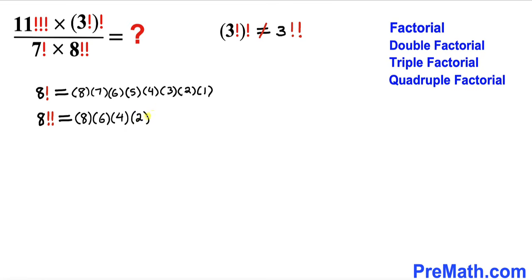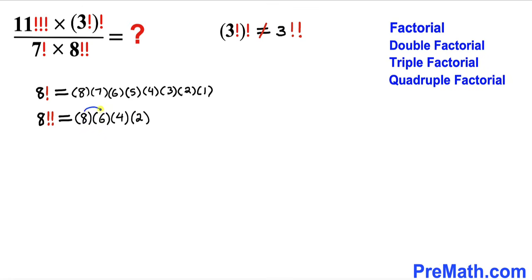The next term is going to be 2 minus 2, which is 0. Since 0 showed up over here, we are not going to write this number. So always keep in your mind, whenever 0 or any negative number shows up, we just simply ignore that one. So therefore, we are going to stop at this number 2.